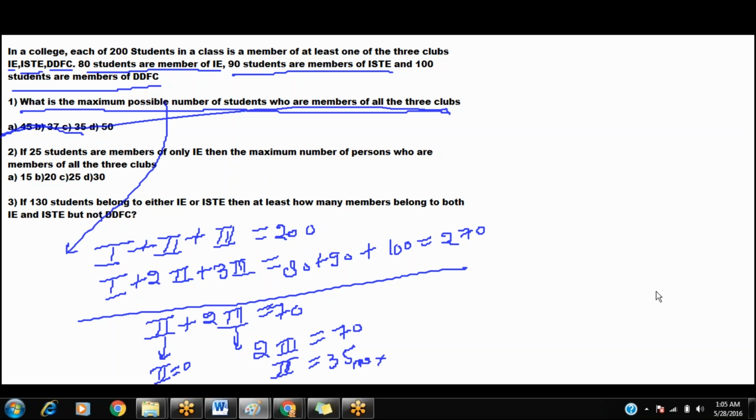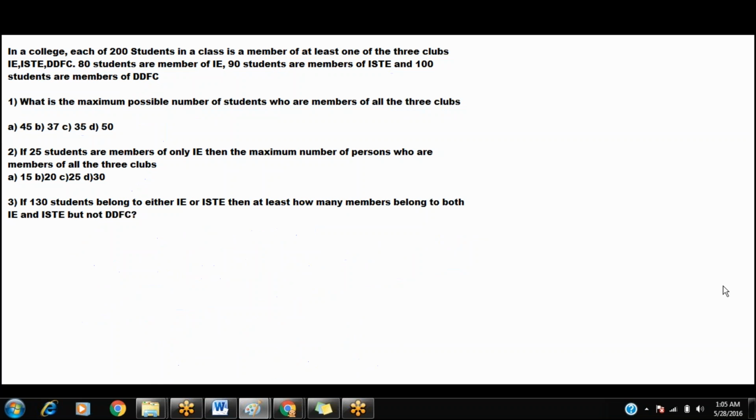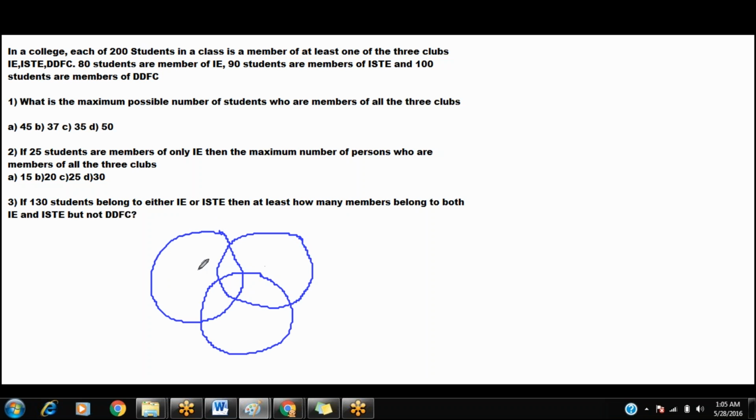Now we will see another way to tackle these problems: the Venn diagram method. This is IE.